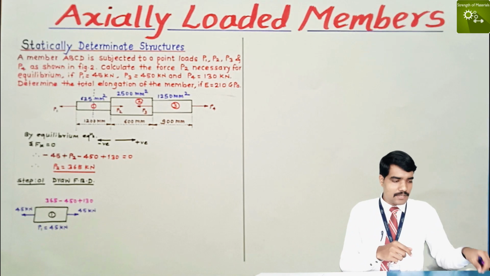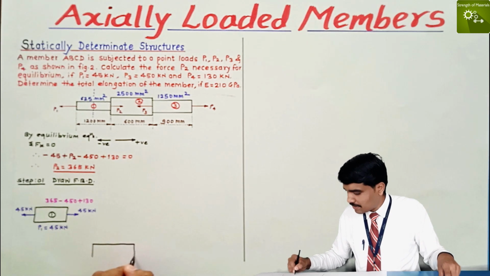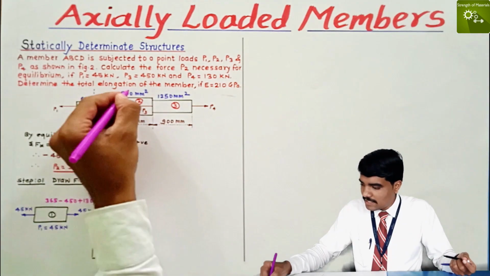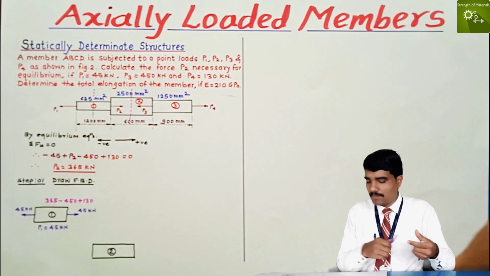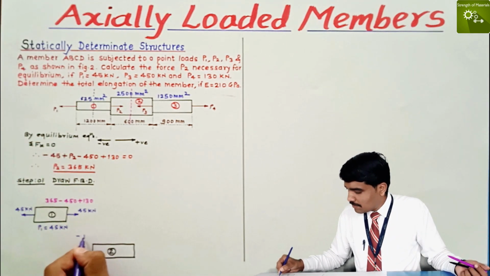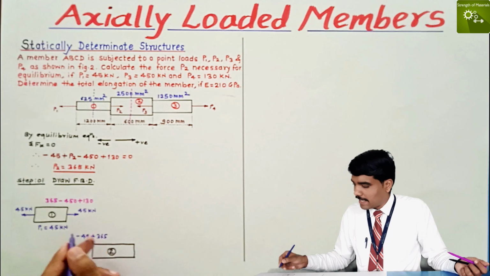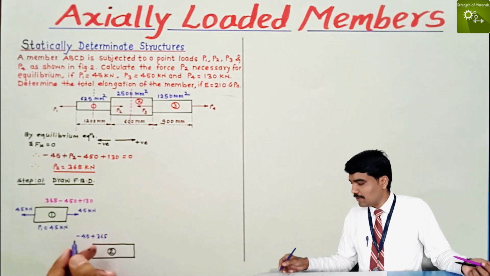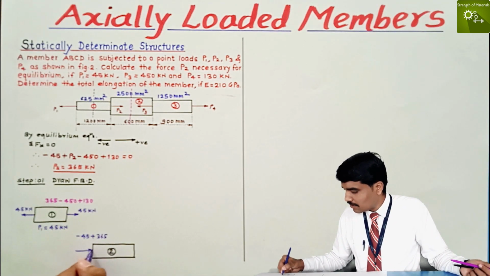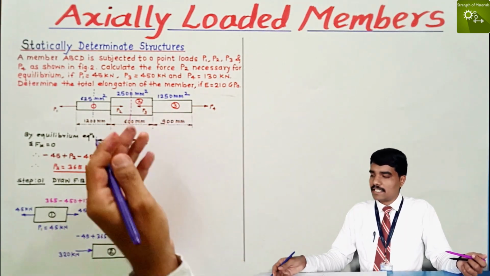Okay, again we draw an FBD of the second member. Again consider a section in the second member. See the left side of forces: minus 45, then plus 365, and the calculation gives 320 kilonewton. Plus 320 means it goes towards the right side. Again see the right side of forces.